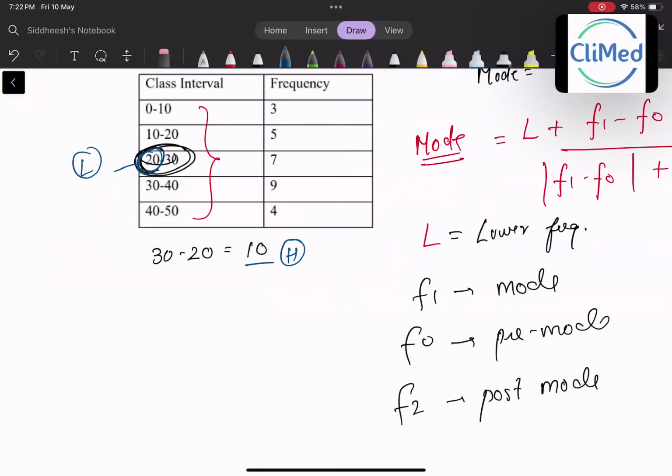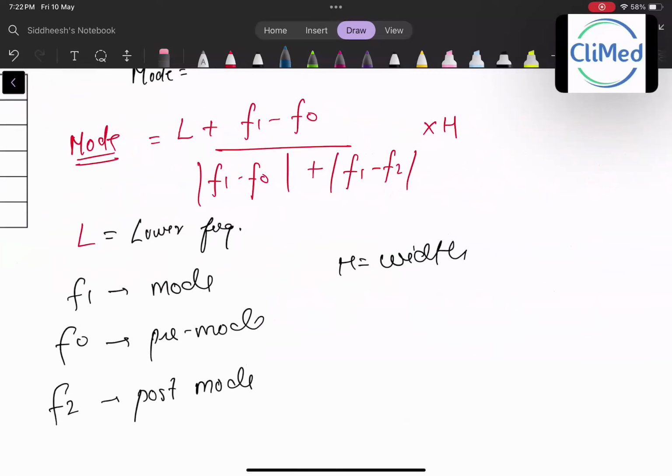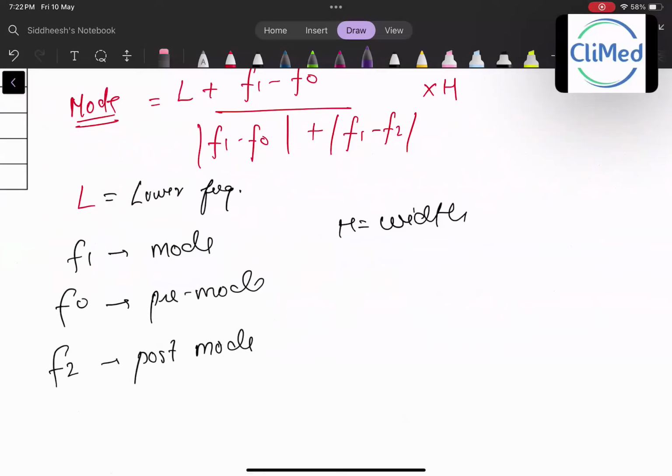First thing first, we need to remember this formula. So remember this simple trick. We have three friends, F0, F1, and F2, simple numbers 0, 1, 2. Friend 0 is a happy friend, F2 is a happy friend, but F1 is the angry friend. So it will fight with F0 and also fight with F2.